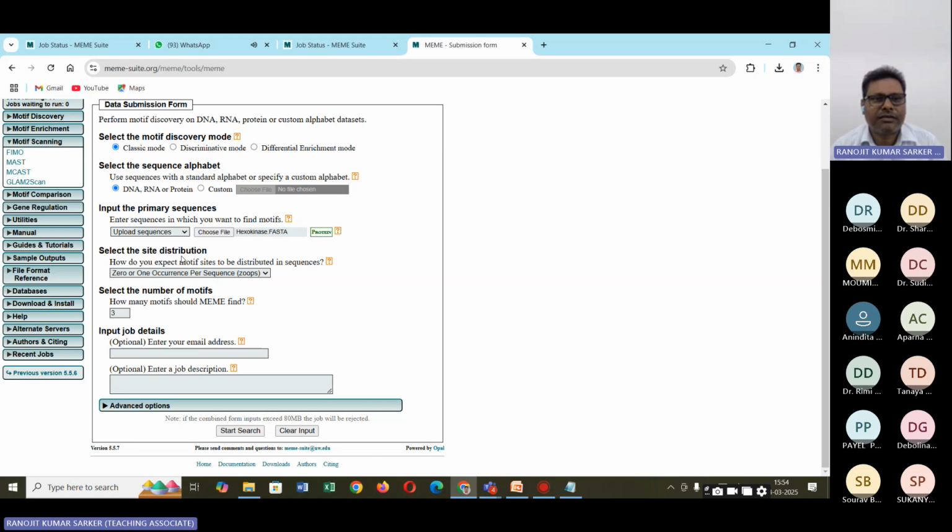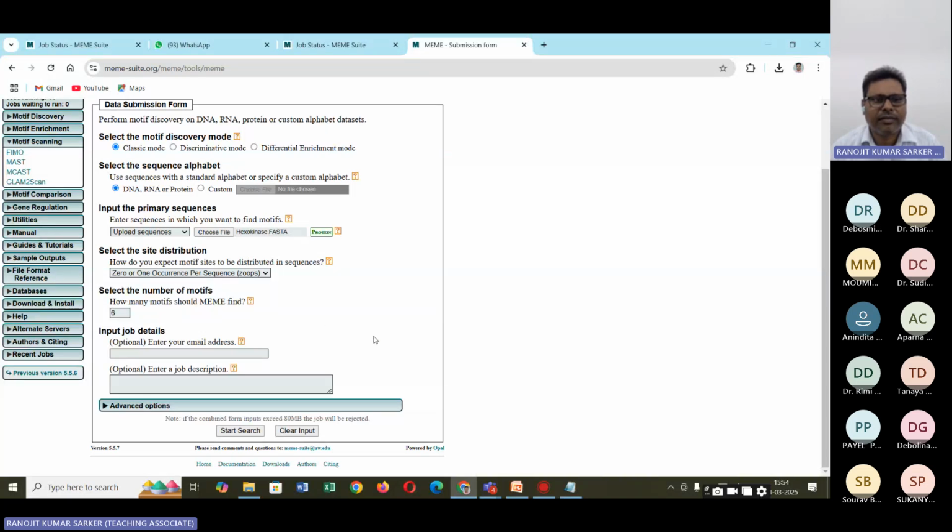Now select the site distribution. I can get any number of occurrences of this motif per sequence. How many motifs should I find? I can give the number. Here I am finding 6 motifs.